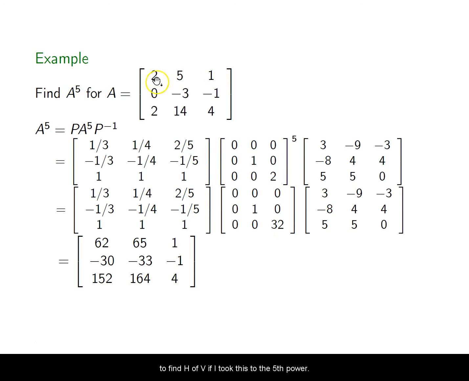To find A to the 5th, if I took this to the 5th power, that is a lot of computation energy, because there's lots of row multiplications, whereas this is a very simple thing to compute. It does not take a lot of computing energy, so your processing time is a lot smaller. For us physicists and engineers in here who will have to start coding models and things like that, that's our example.